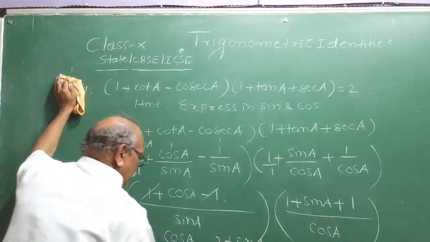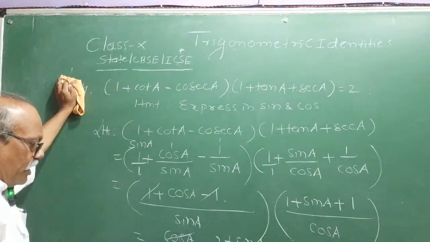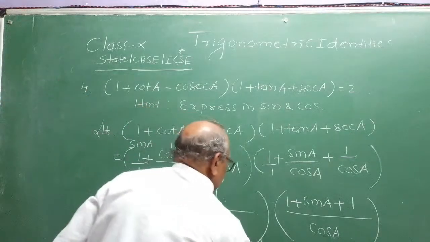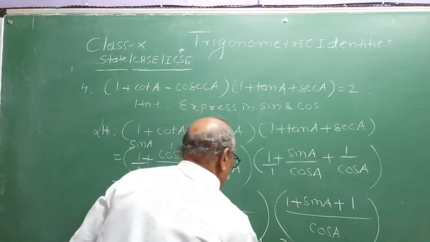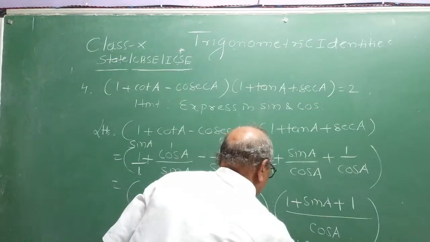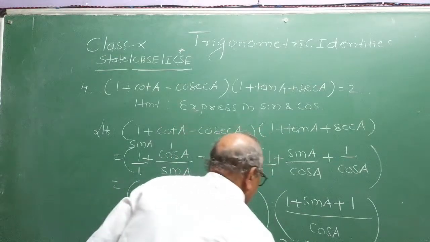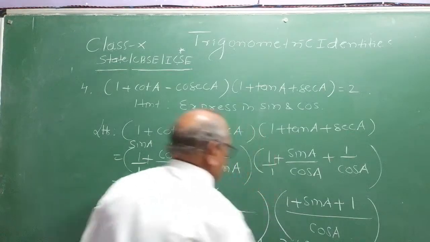You can cancel cot A, cot A. Now you are left with 2 plus sin A upon sin A.